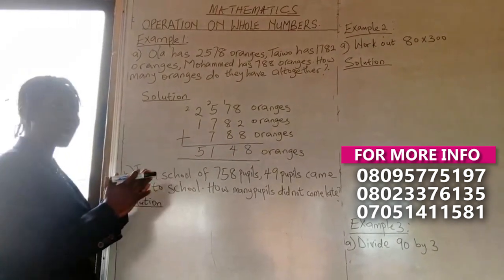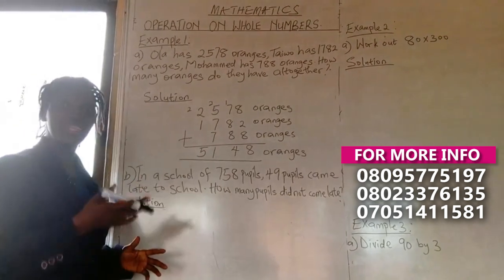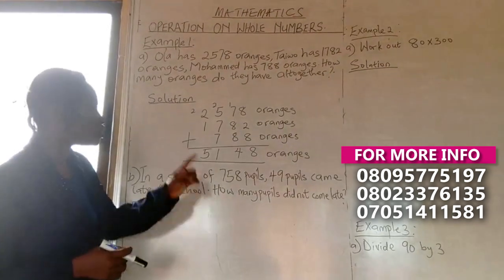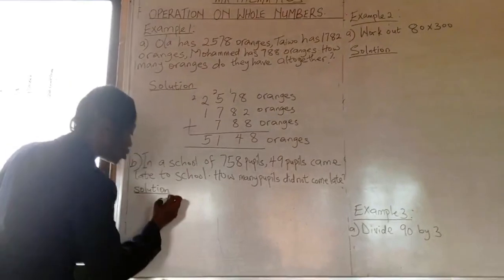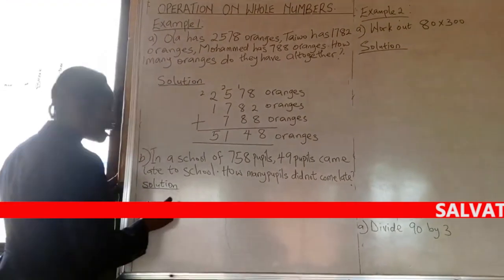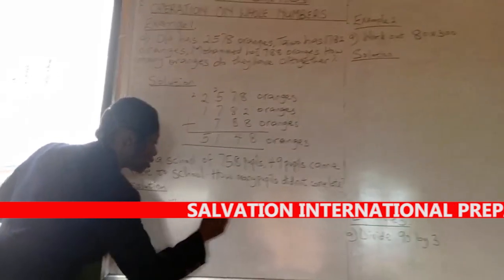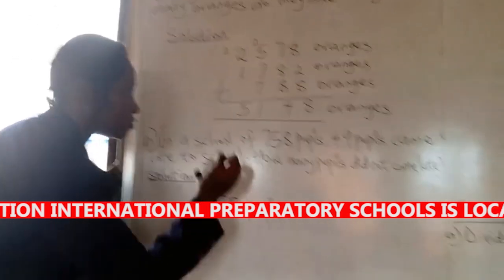We have the total number of pupils to be 758, then 49 out of them came late. For us to get the number of pupils that did not come late, we will subtract people that came late from the total number of people. So that takes us to the solution. We have 758 pupils, right? Then minus 49.